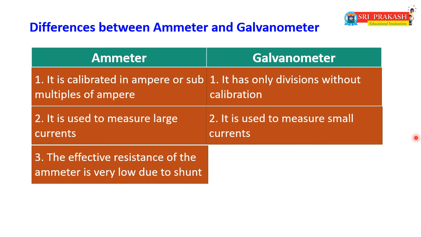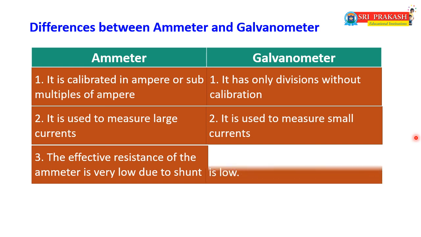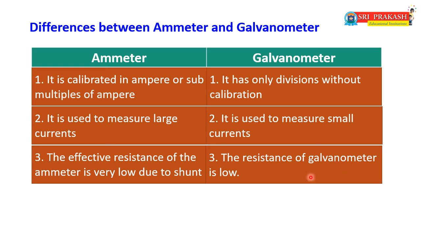Next, the effective resistance of the ammeter is very low due to the shunt. The shunt is a very low resistance connected in parallel, so the effective resistance decreases. The resistance of the galvanometer is also low, but compared with the galvanometer resistance, the ammeter resistance will be much less.